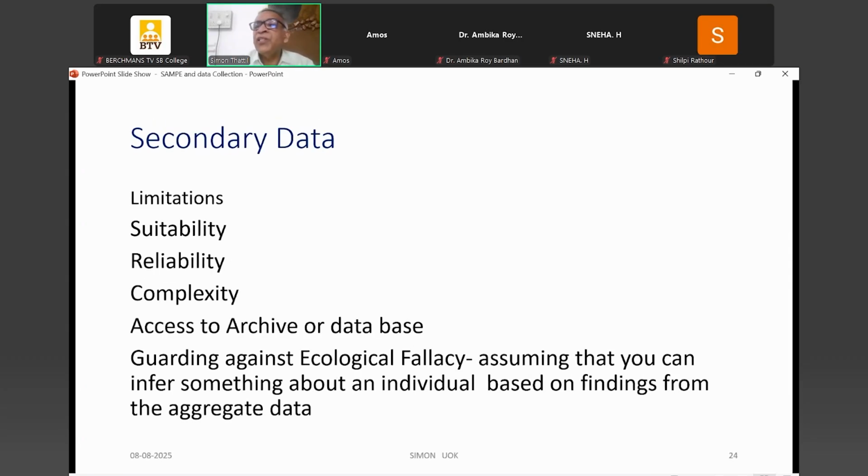Limitations is basically we have to judge suitability. In some cases, it's very suitable. In some cases, suppose you want data on migration, but you want data on migration of an ethnic minority community. That is not there in the secondary data. Perhaps they have migration of scheduled caste, scheduled tribe, and a wider religious group.